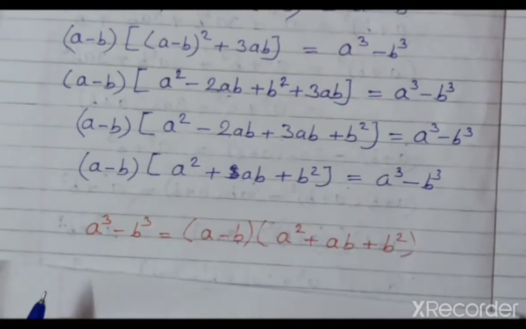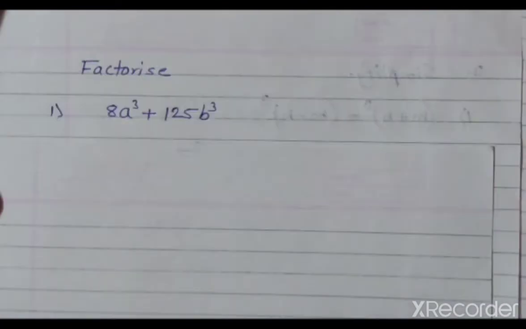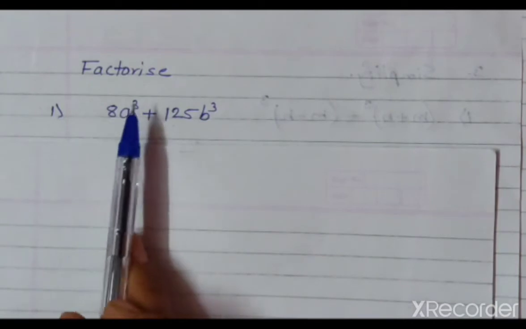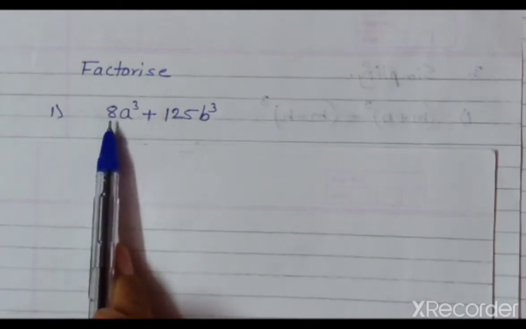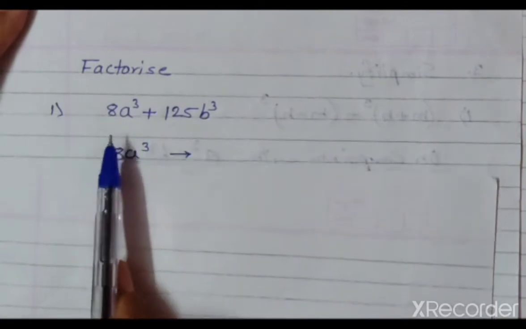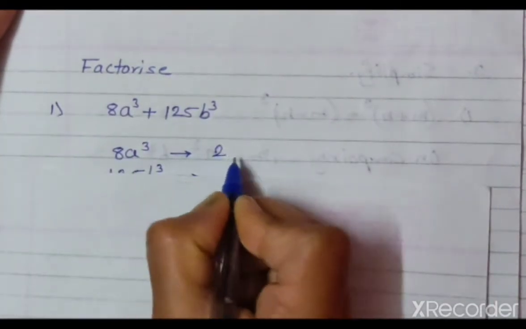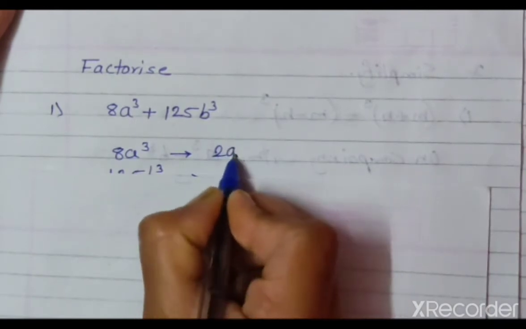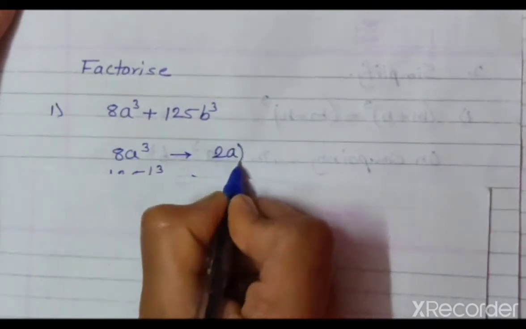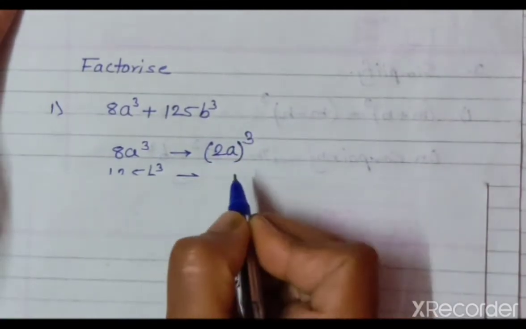Let's solve some numericals based on this expansion. This is the first question, factorize it. We can convert this 8a³ as, we know 8 is the cube of 2 and its variable is a. So here I am writing it as a common cube.